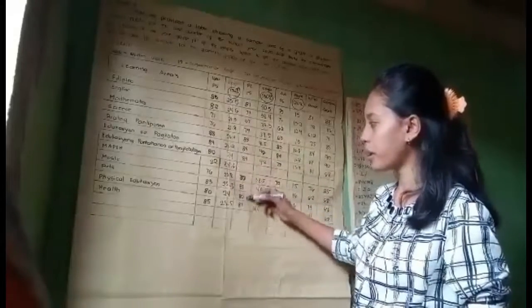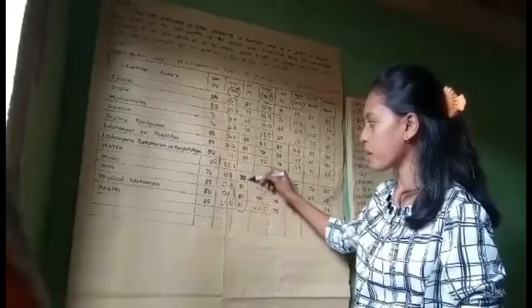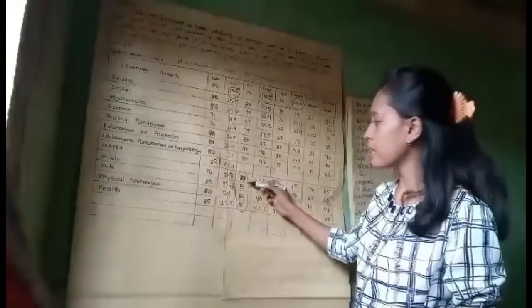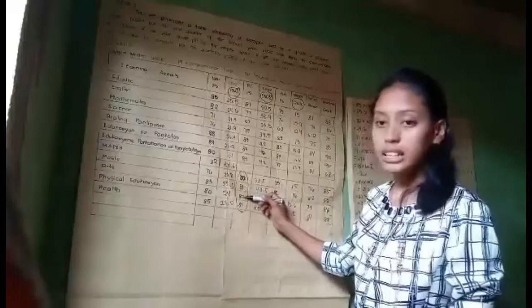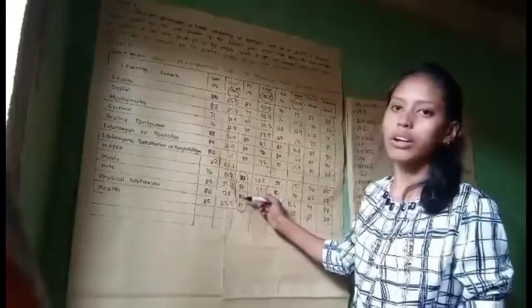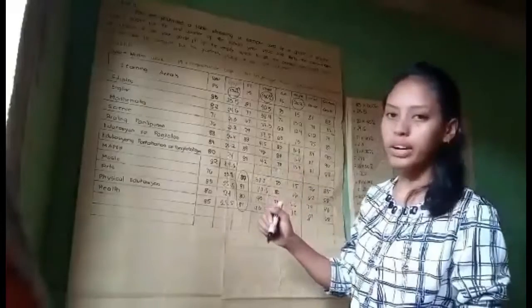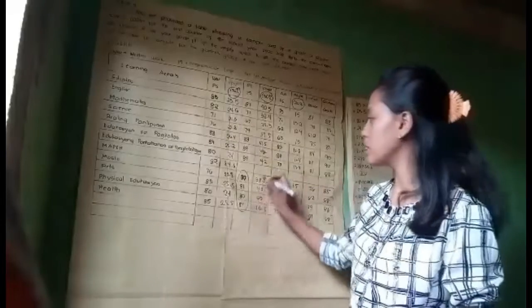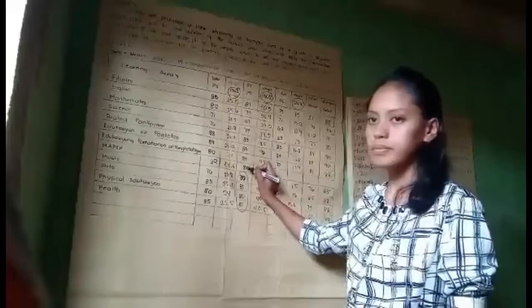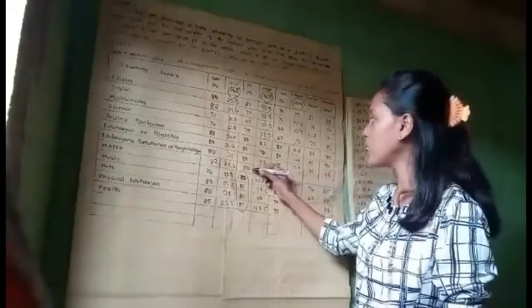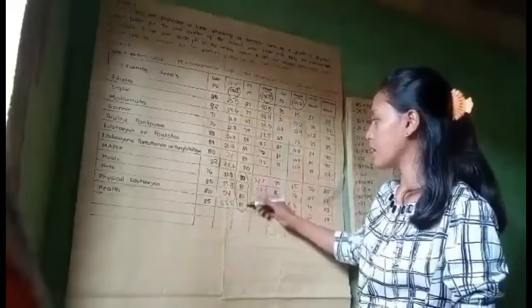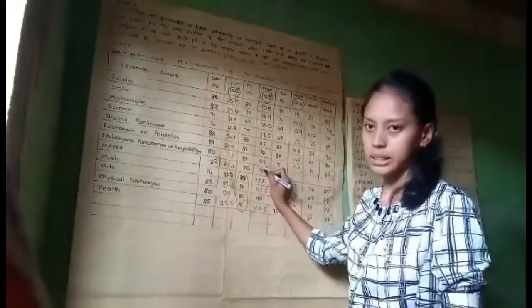Let's add these four for performance tasks: 77 plus 81 plus 80 plus 81, then divide by 4. This would be 80. Then 80 times 50% is equal to 40.